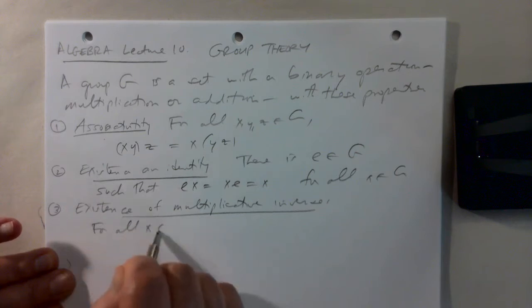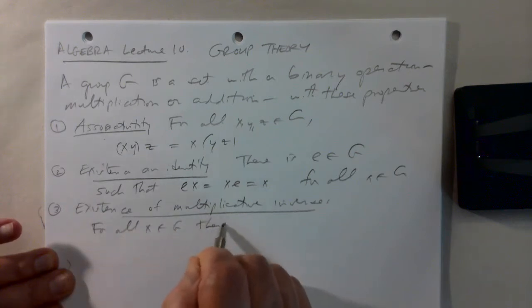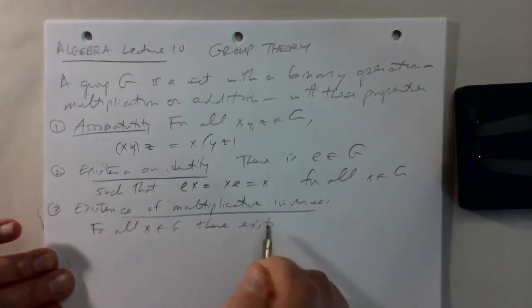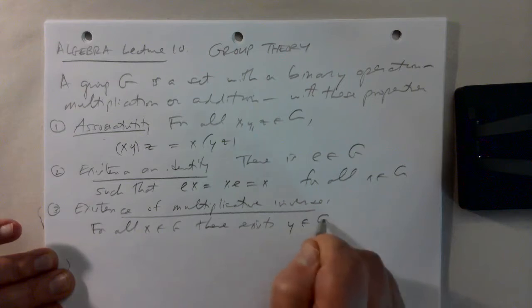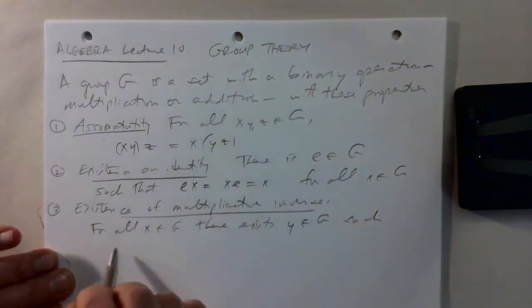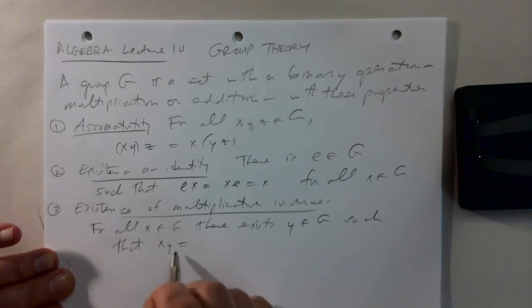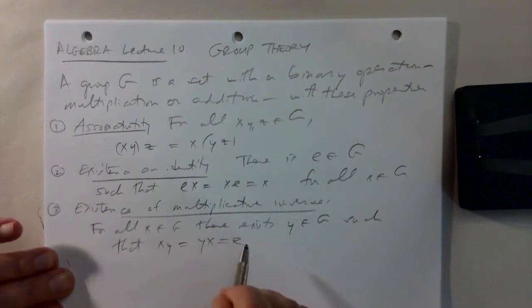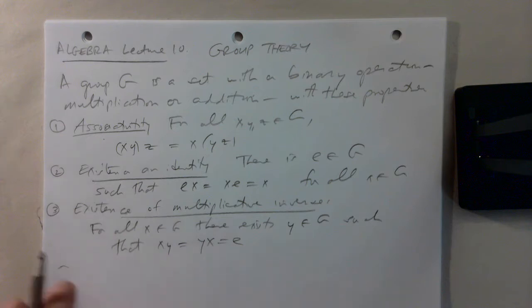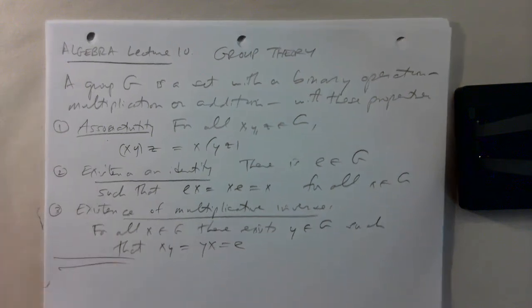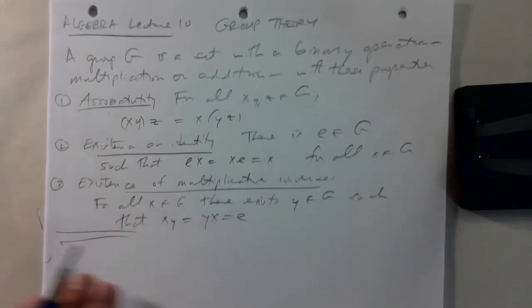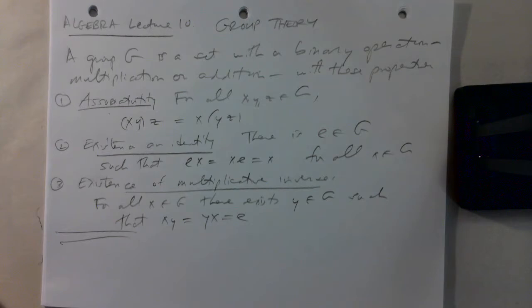For all x in the group, there exists a y in the group such that if you multiply x on the right by y, or if you multiply x on the left by y, you get the identity. That's it. Those three properties define a group.